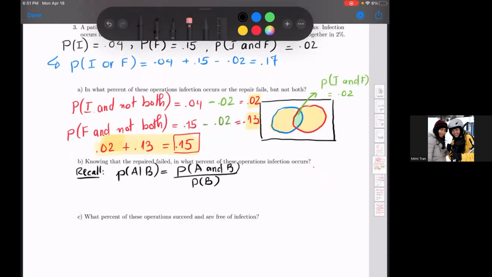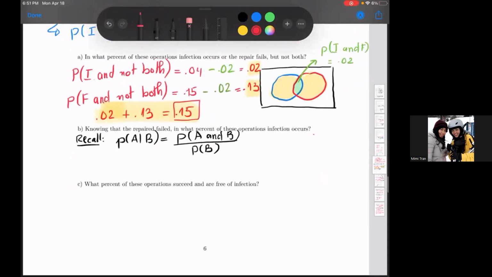Okay, so in this problem, what will it be? Gonna put it in context. So P of what they want? The given will be the later part. Given will be the B. Given will be the failure. So P of I given F, so they want the I. P of I and F divided by P of F. P of I and F is 0.15.